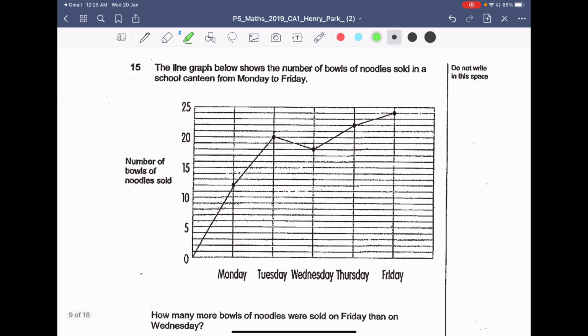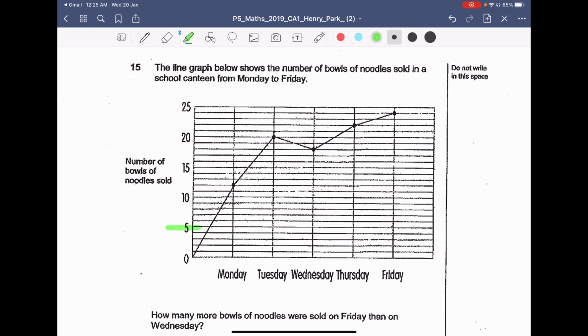So the line graph shows the number of bowls of noodles sold in a school canteen from Monday to Friday. So you look at the vertical axis and you can tell that each line represents one bowl. So basically to help you better visualize, you draw a longer line at each 5.